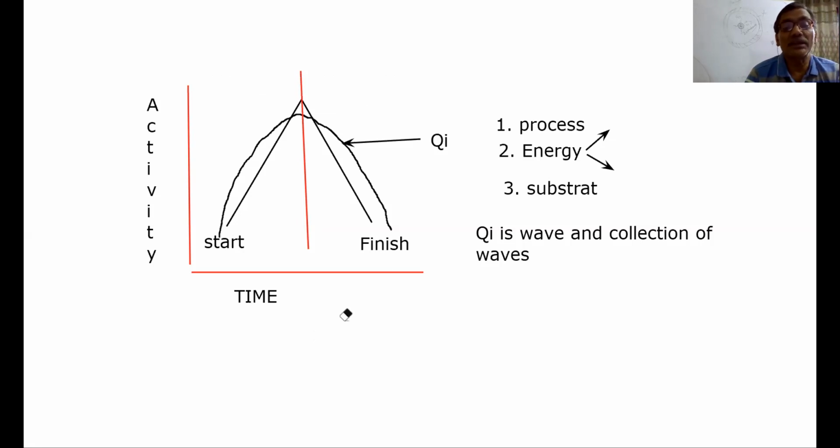You have understood? I can't write it so fast. This is yang. Yin. So two sides of chi: yang dominated, yin dominated.